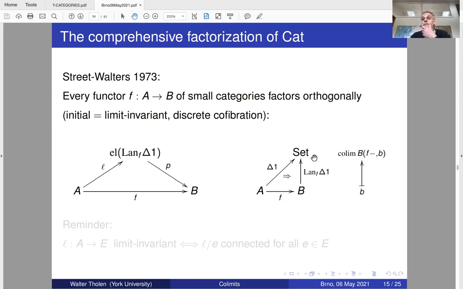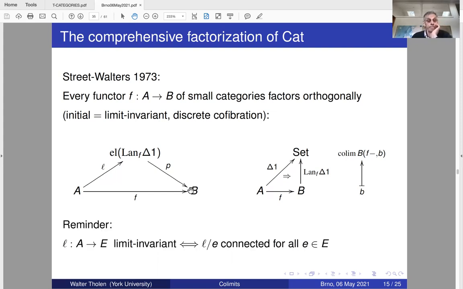And then we take the element construction of this set-valued functor, which is actually given by forming the colimit of an adjoint Hom functor. So this element construction is, of course, a discrete cofibration.